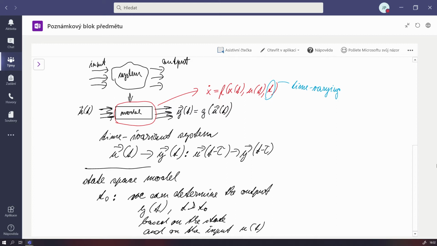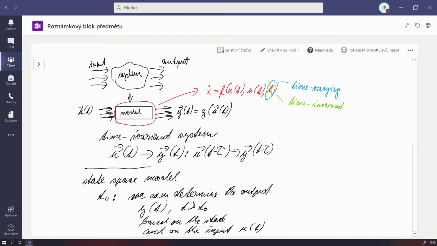If we do not consider it, then we have a time invariant system. So this is a general definition of the system state and system dynamics.